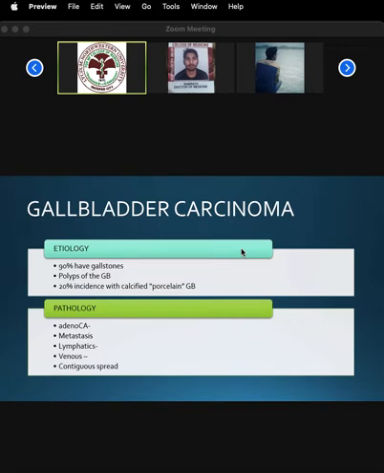As to your pathology, adenocarcinoma accounts for 80 to 90% of this type of cancer, with papillary more than nodular, or commonly more than tubular.